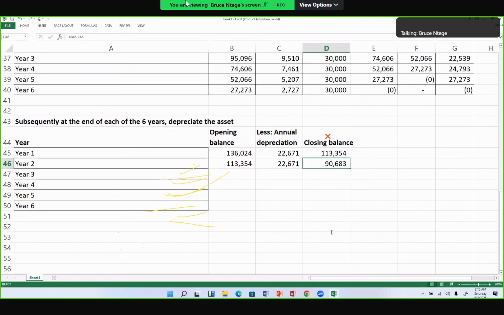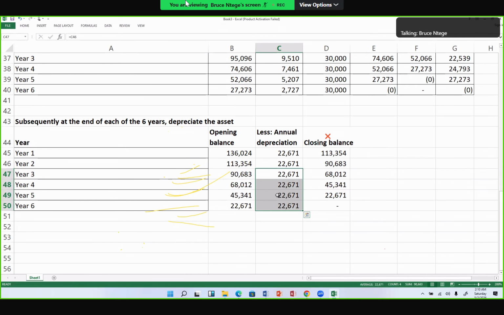So I'm going to do this for all the remaining years to complete the 6 years. You realize that with that uniform depreciation straight line method, all that keeps changing will be the closing balance, and then eventually you have a closing balance of 0 at the end of this period.